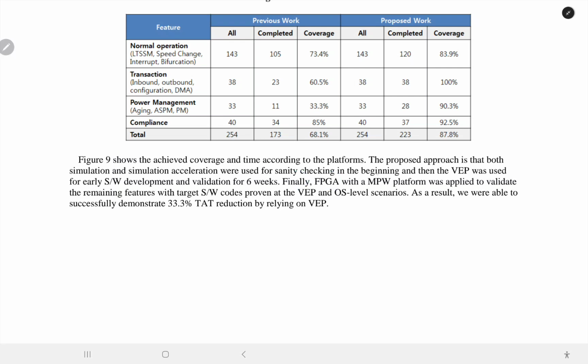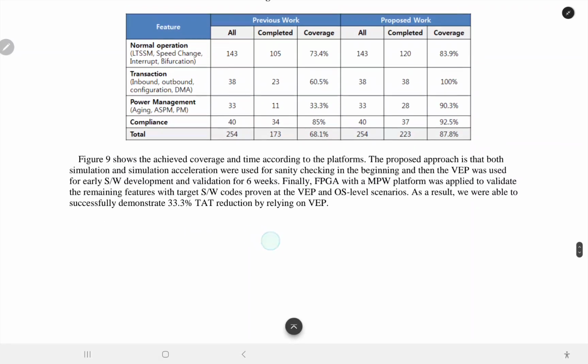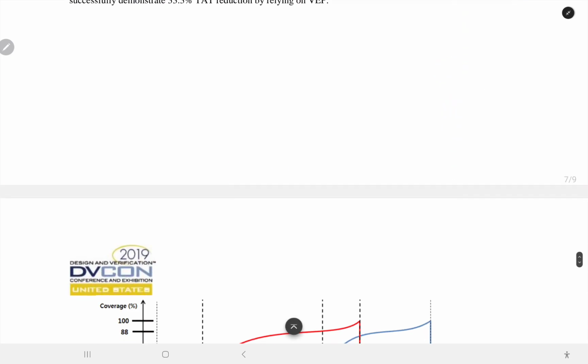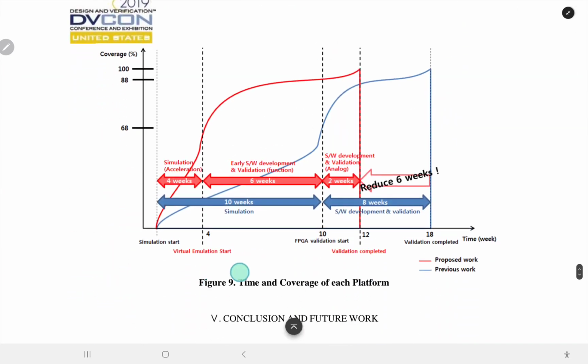Finally, FPGA with the MPW platform was applied to validate the remaining features with the target software code proven on the VEP with the OS level scenarios. As a result, we were able to successfully demonstrate a 33.3% TAT reduction by relying on the VEP. Figure 9 shows the time and coverage of each platform.